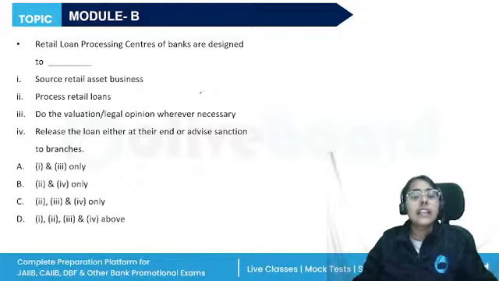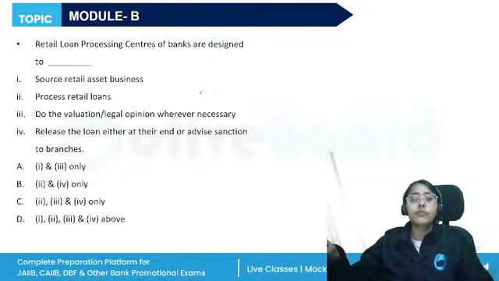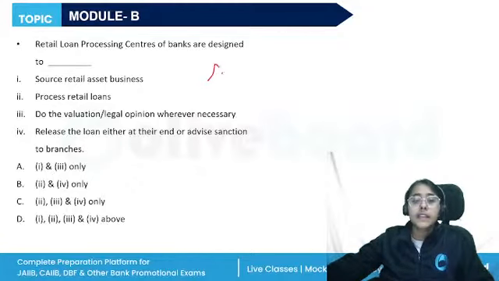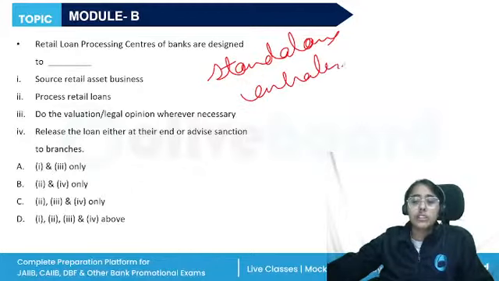Next, retail loan processing centers of banks. So we have two types of retail loan processes. We have the stand-alone model, and we have the centralized model.